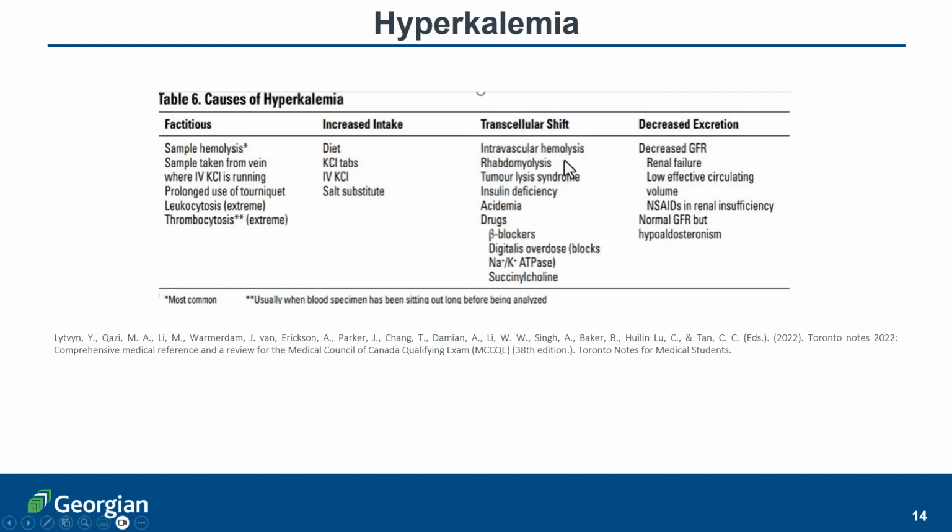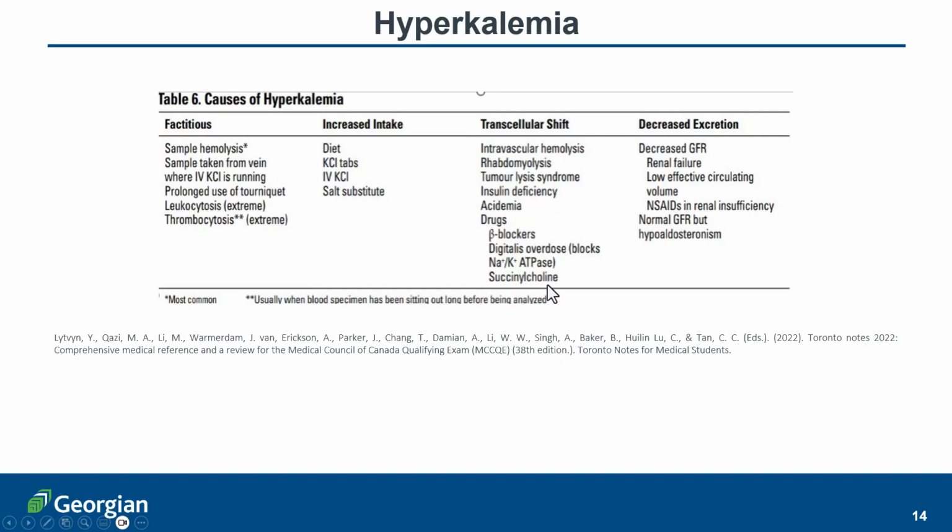The main causes are, as we discussed already, rhabdomyolysis, for example. We didn't really discuss it, but that's an example of cell trauma. If the muscle cells start deteriorating for any reason, all that potassium gets spilled out. Similarly, in tumor lysis syndrome. We also spoke about insulin deficiency and metabolic acidosis.